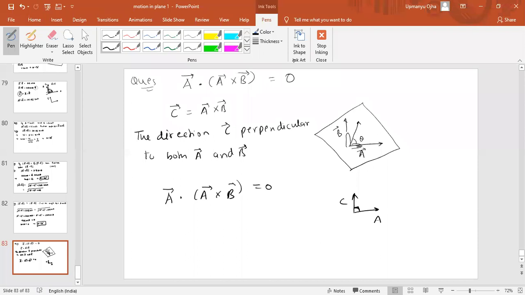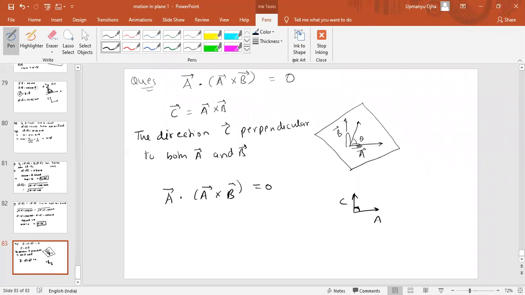Upward. Now you see your thumb, which is the C vector, makes a 90 degree with A vector. Just do it on a piece of paper. Which means the angle between A cross B and A is 90 degree. So the dot product of A dot A cross B is equal to 0.